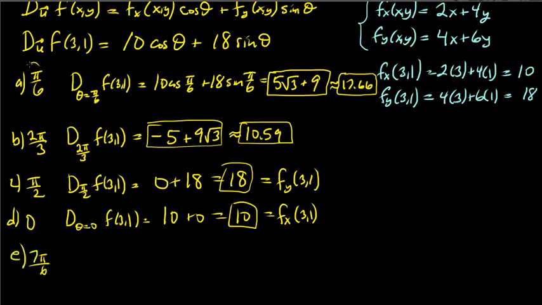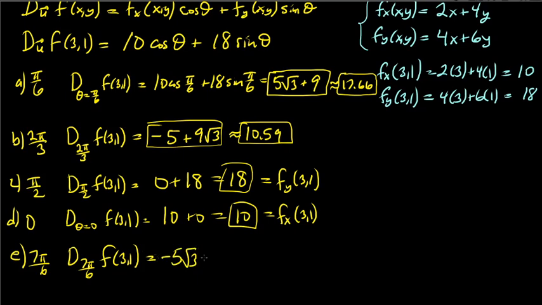which is just the polar opposite of pi over 6. You add pi to pi over 6, you get 7 pi over 6. Cosine of 7 pi over 6 is negative square root of 3 over 2, so that's going to be negative 5 square root of 3.